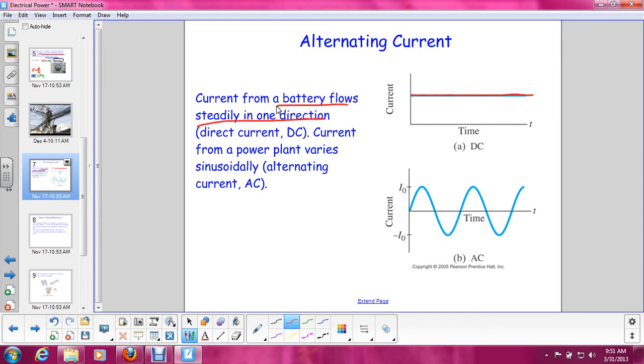If we have a 1.5 volt battery, we get 1.5 volts of potential difference the whole time, so the current steadily flows. It stays in the same direction, it doesn't fluctuate a whole lot. But the current that we get from a power plant, or from the wall outlet, is alternating current. And it changes direction. It goes in one direction, slows down, comes back in the other direction, slows down, changes direction, goes back, and it does this 60 times a second.